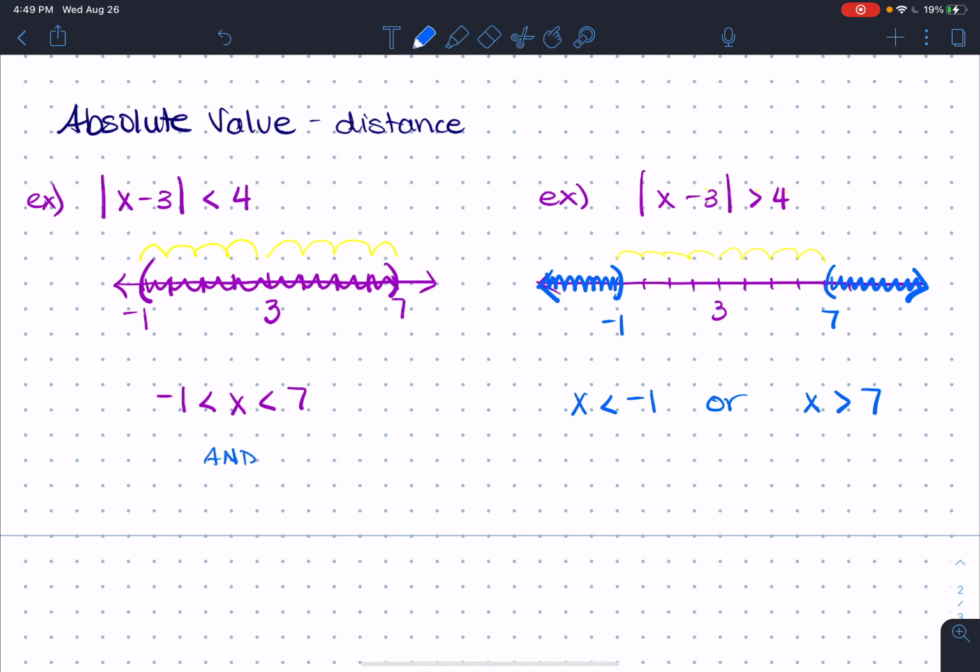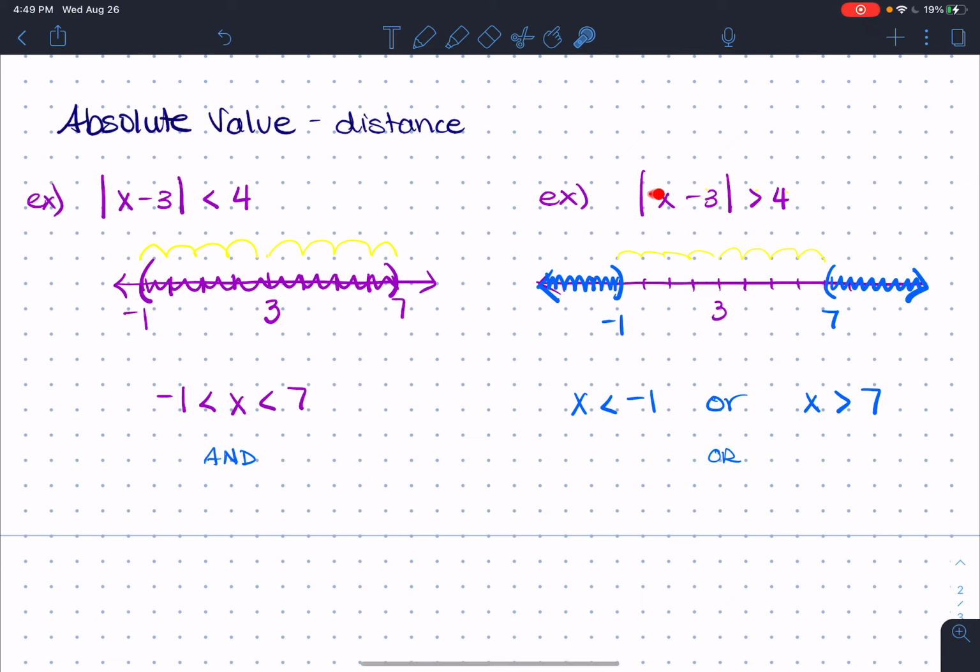Remember how above I said that whenever you have an inequality that can be written like this, there's actually an implied and. Whenever you have an absolute value is greater than a number, though, now you're talking about the distance going beyond this many units. We want to be greater than that many units, so you end up shading on either side, so it creates an or kind of problem. So the bottom line, because now we're going to take these two ideas and put them into actually solving inequalities without having to do this whole number line.